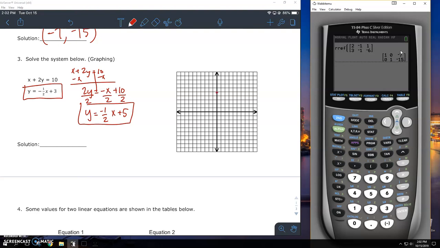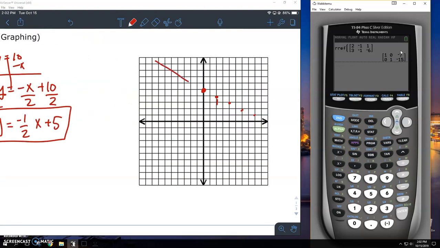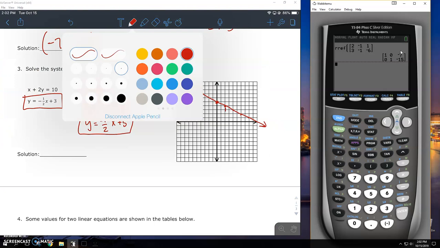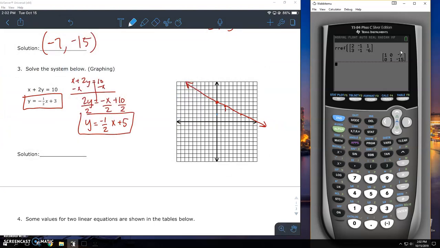My first one has a y-intercept of 5 and a slope of -1/2. And the second one I'm going to do in this blue color has a y-intercept of 3 and the same slope.